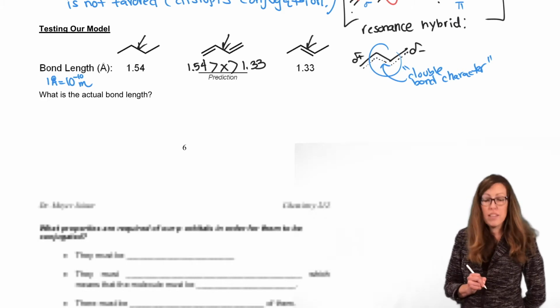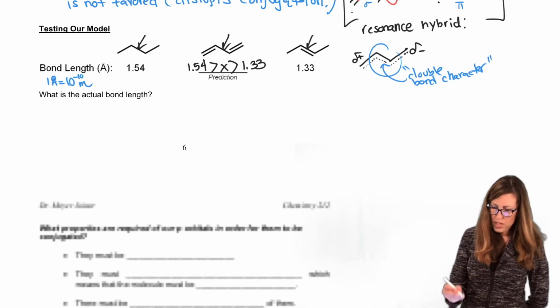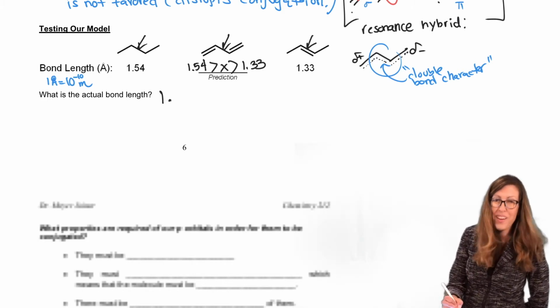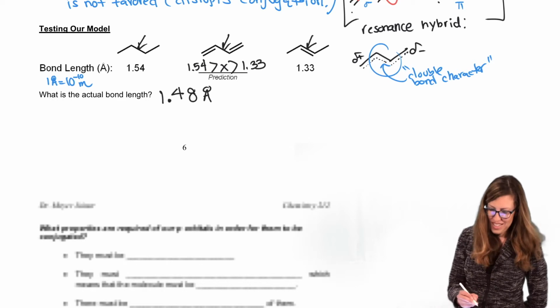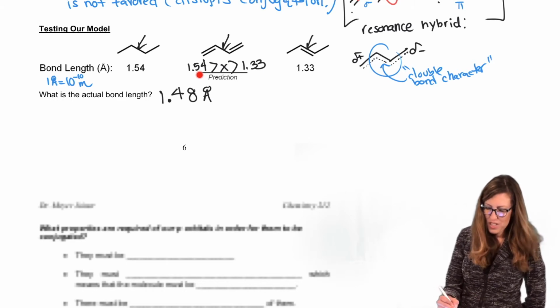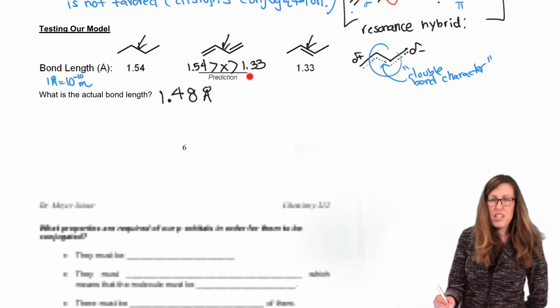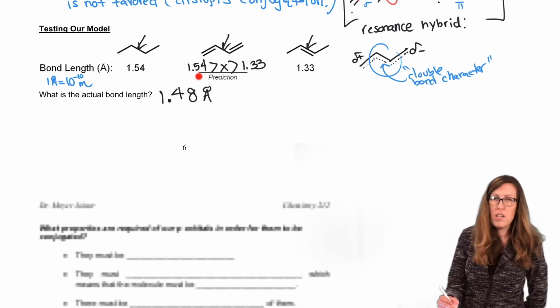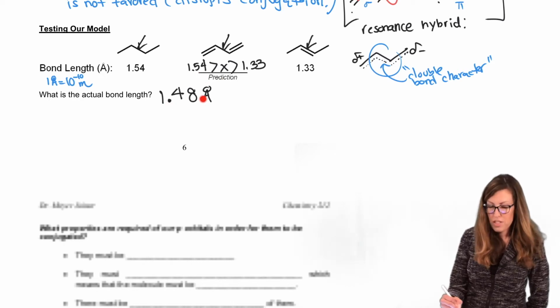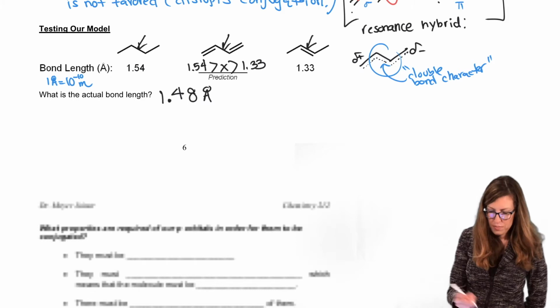The true bond length, here we go, 1.48 angstroms, we were right. So in other words, it's neither a true match with an isolated pi bond or a sigma bond. It has pi bond character since it's shorter than a normal sigma bond, right?